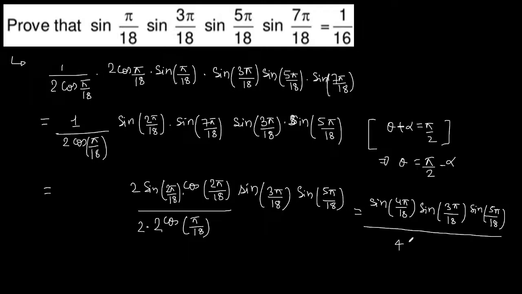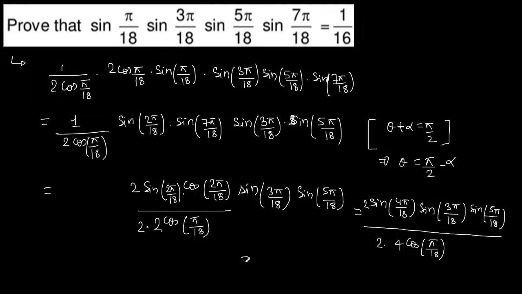We have 4 cos pi by 18, multiply 2 divide 2. So if you see 4 pi by 18, 5 pi by 18, it is going to be pi by 2. So it is cos 4 pi by 18.